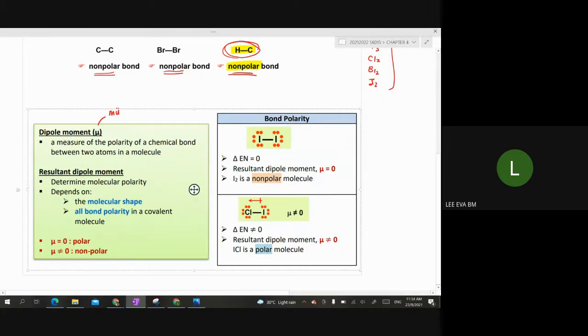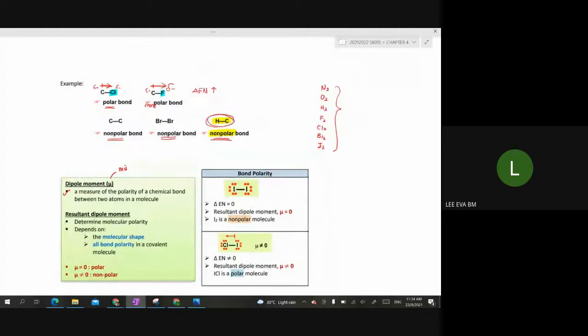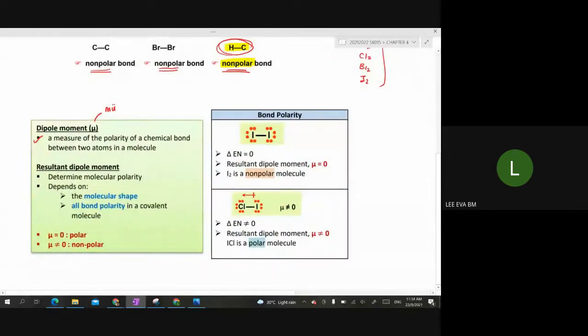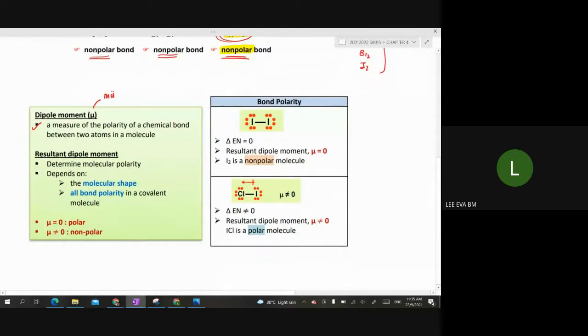So every bond, if you have difference in electronegativity, you should have the dipole moment. Senang nak kata, ada polar arrow, ada dipole moment. Ataupun kalau polar bond, dia mesti ada dipole moment lah. And then when you have dipole moment in a molecule, because there is more than one polar bond or non-polar bond, you will have the resultant dipole moment.